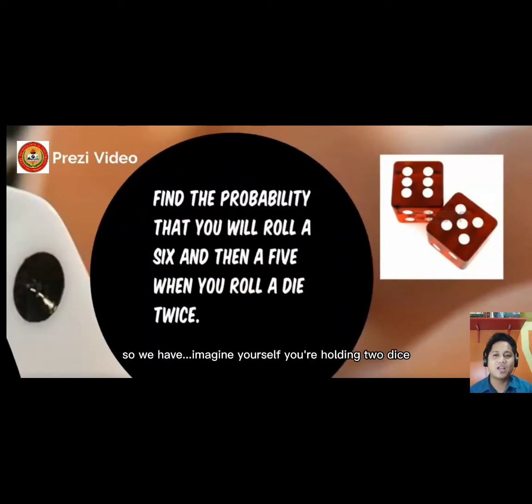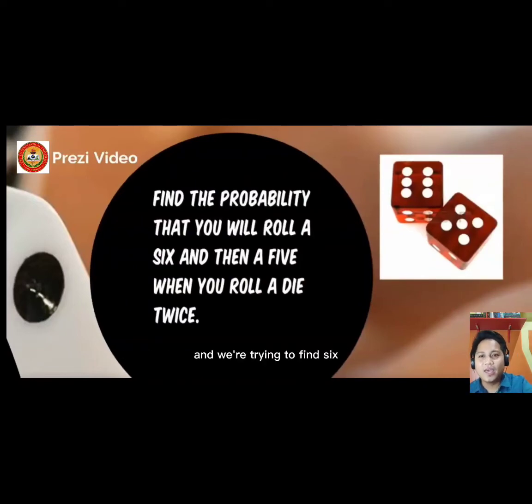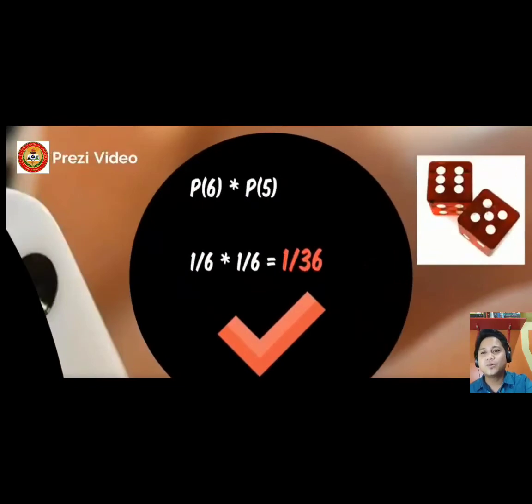Imagine you're holding two dice, and we're trying to get a 6 and a 5 when we roll a die twice. Remember the keyword, we need to multiply the two events. So we have event A, the probability of getting a 6, multiplied by the probability of getting a 5.